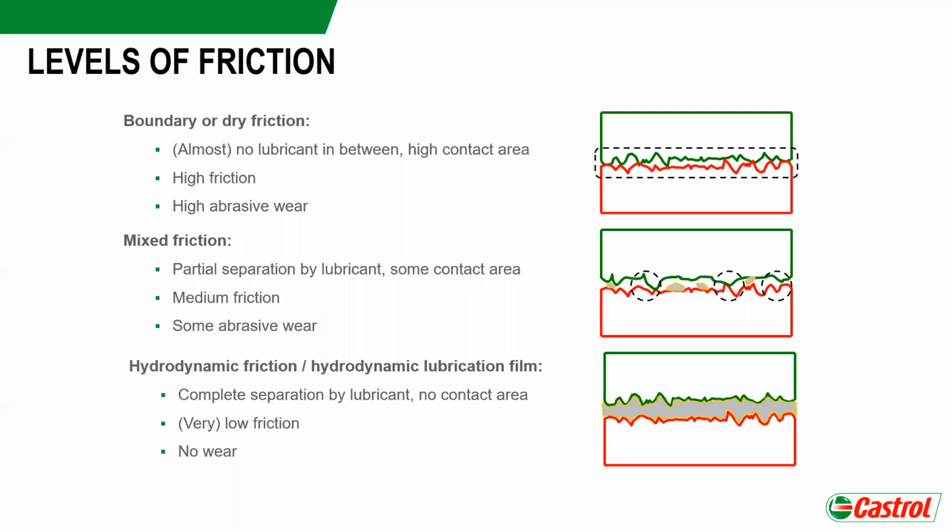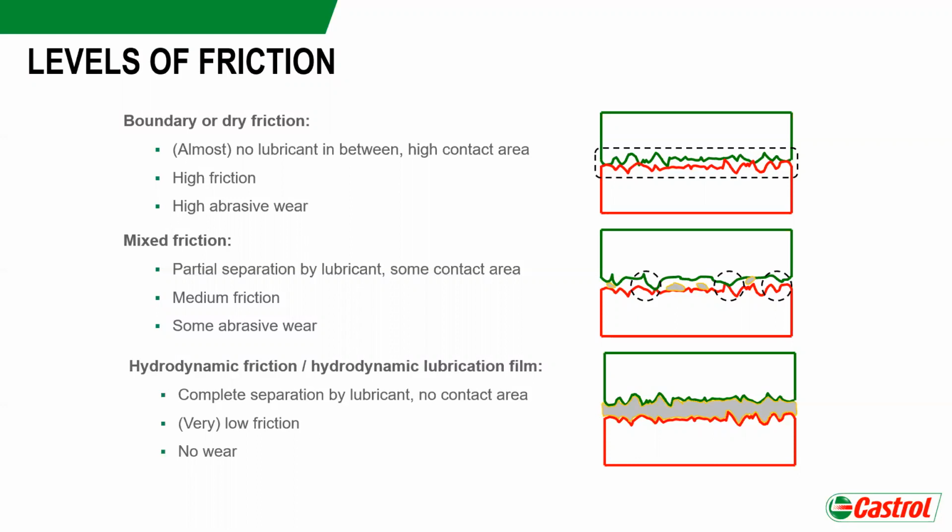When we reach the hydrodynamic lubrication film, we completely separate both elements by the lubricant, and there is no contact at all between the moving surfaces. Therefore, we will get low friction, and if the fluid is clean, then we have no wear in such systems. These regimes we will also find on the next slide on the Stribeck curve.